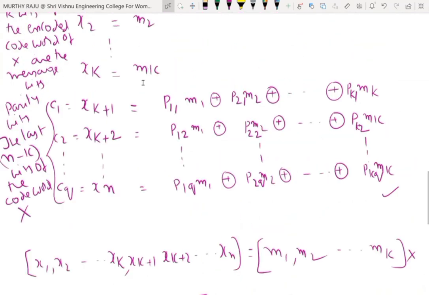Here write down this. P11, P21 and PK1 are the coefficients of C1.